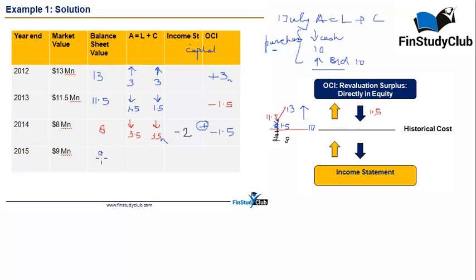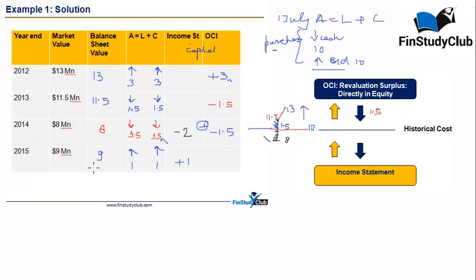The next year, the assets are again upward revalued by 1 million. That means from 8 there has been an upward movement, but the key point is you haven't crossed the line, you are still below it. So the increase of 1 from 8 to 9, the value will go up by 1. This will have to be booked as a gain, and this increase needs to be again booked to income statement because still it is below the line.